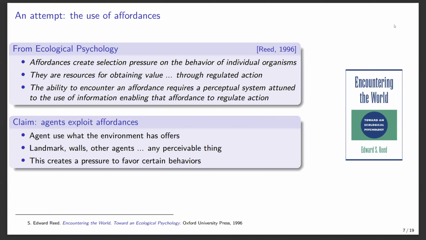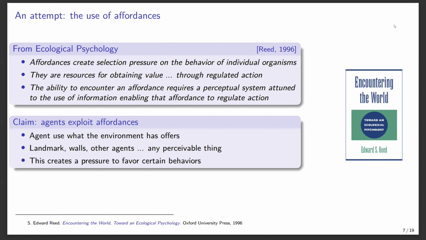My attempt is that these agents, or these kinds of algorithms, tend to use the affordances of the environment. I took inspiration from ecological psychology and particularly from the work of Edward Reed, where these are quotes from his book, where he says the affordances in the environment are selective and create selection pressure towards certain behaviors.